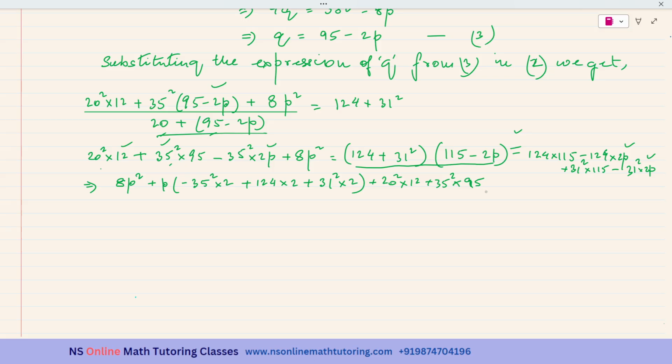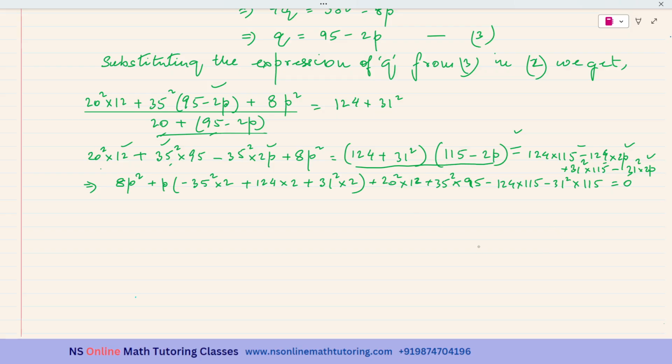And next for these two, I have to subtract 124 times 115 and 31 squared times 115 from both the sides. So it is minus 124 times 115 minus 31 squared times 115 equal to 0. Okay.